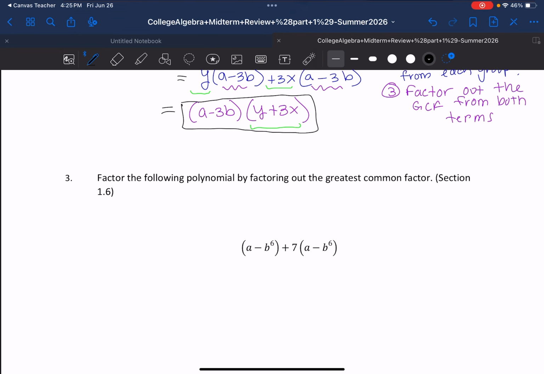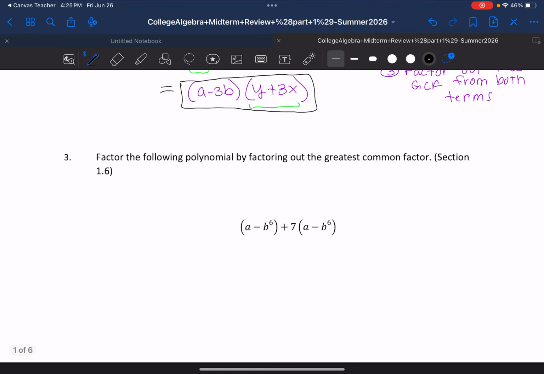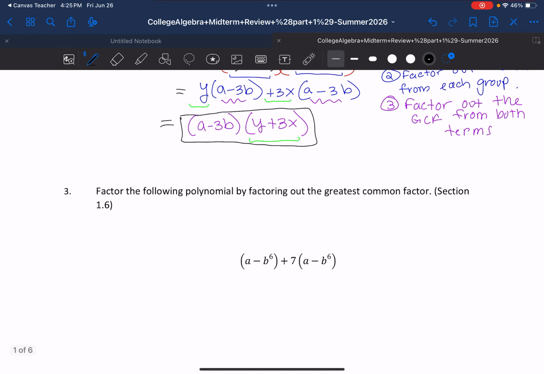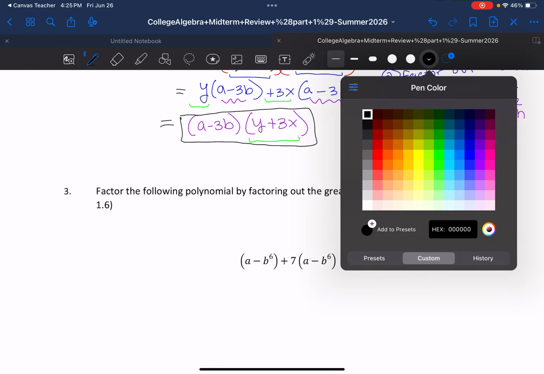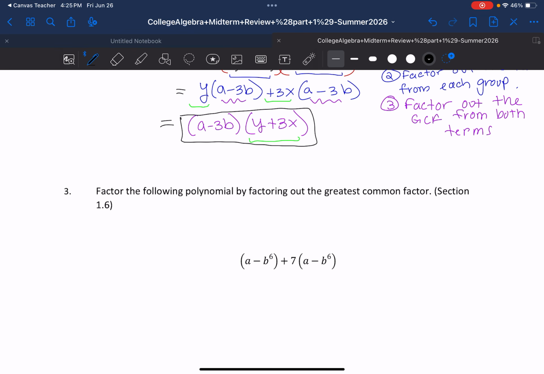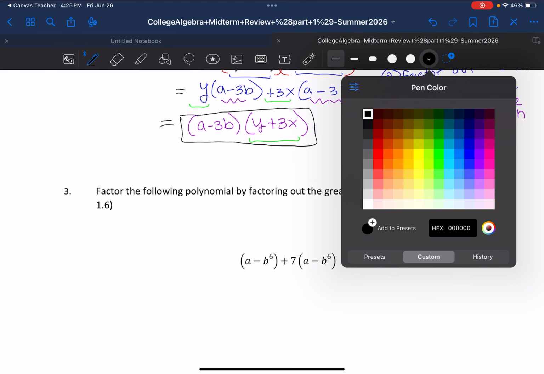Okay. Next problem says to factor the polynomial by factoring out the greatest common factor. So this is kind of similar to that last step we just did. A term can be a product of two things.